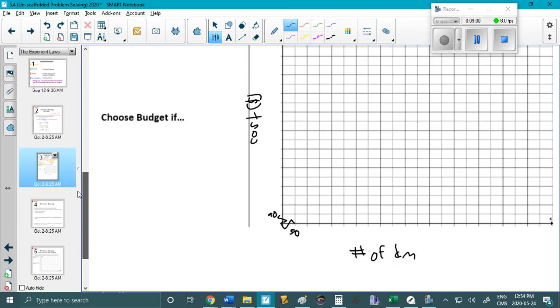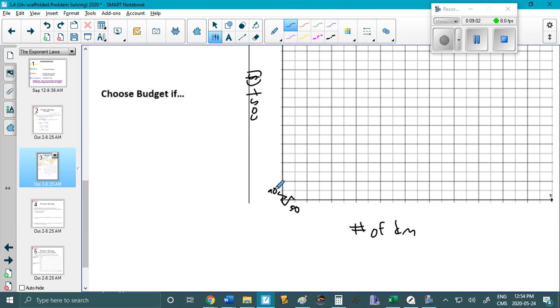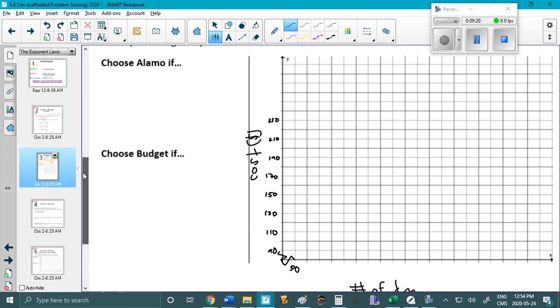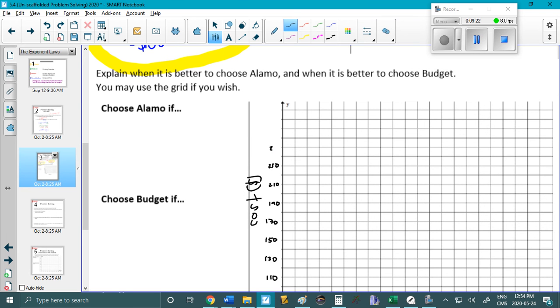Ooh, I don't think that's going to be far enough. So I think we're going to go up by 20s. So 90, 110, 130, 150, 170, 190, 210, 230, 250, 270, 290.